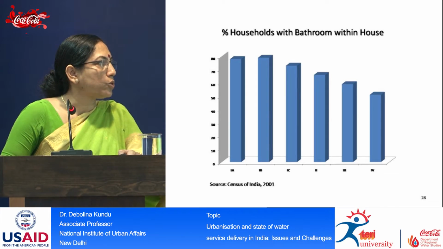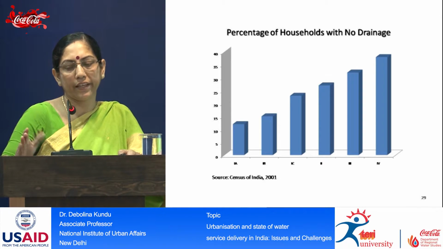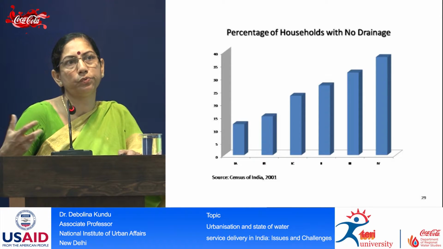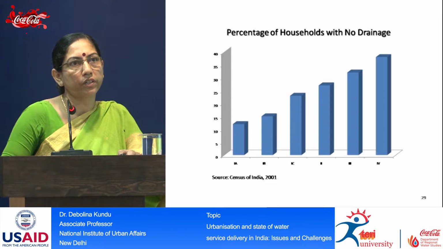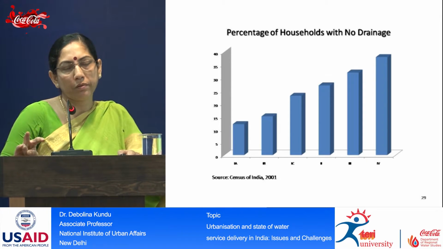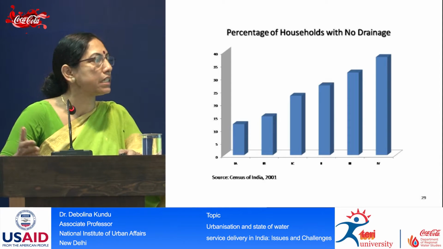Suppose you think that maybe because a new system has come up, many households who can afford it are using bottled water. If you add up bottled water to tap water, even then you do not find that water service has improved over the last 10 years.